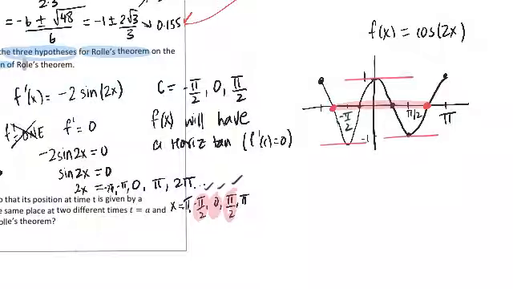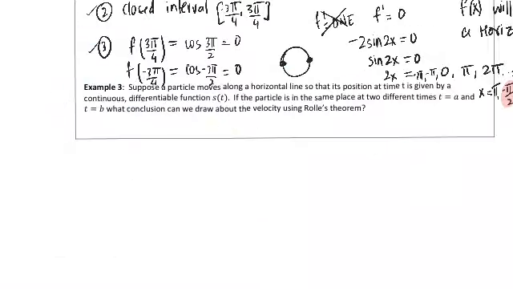Okay, moving on to example 3. Example 3 says a particle is moving in a horizontal line so that its position is given by a continuous differentiable function s of t. And then the question says, if the particle is in the same place at two different times, t equals a and t equals b, what conclusion can we draw about the velocity using Rolle's theorem, right?